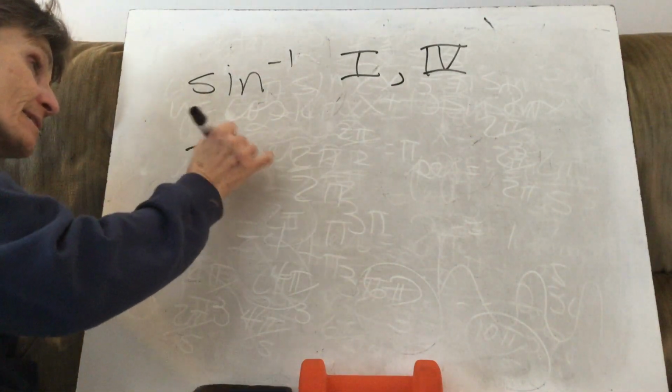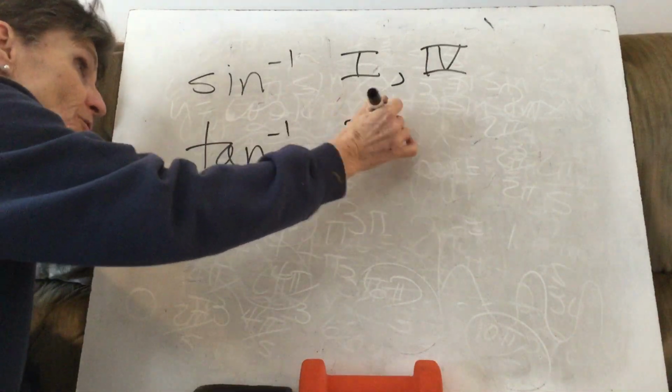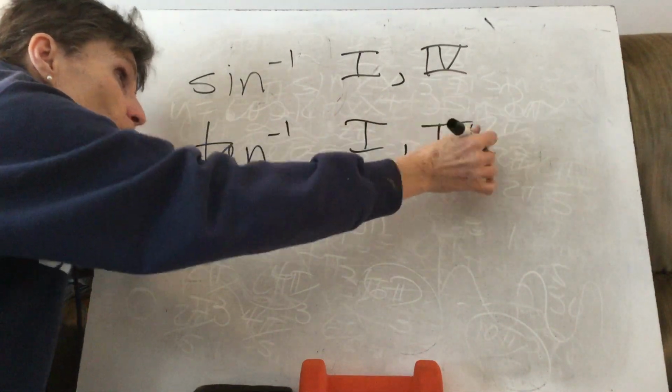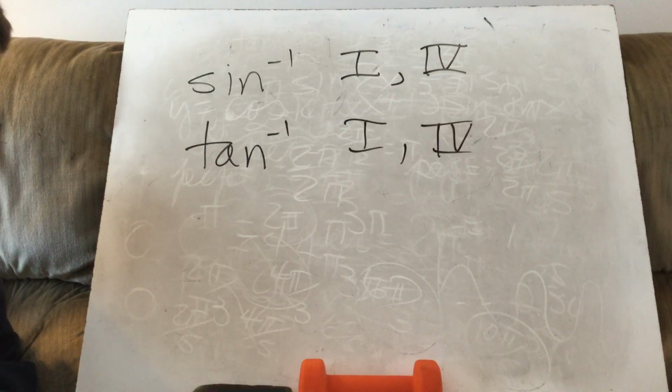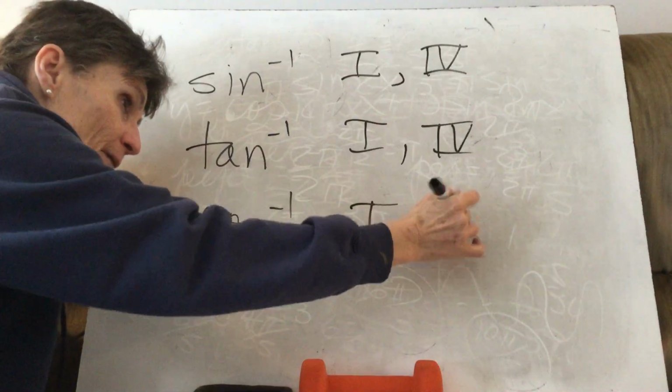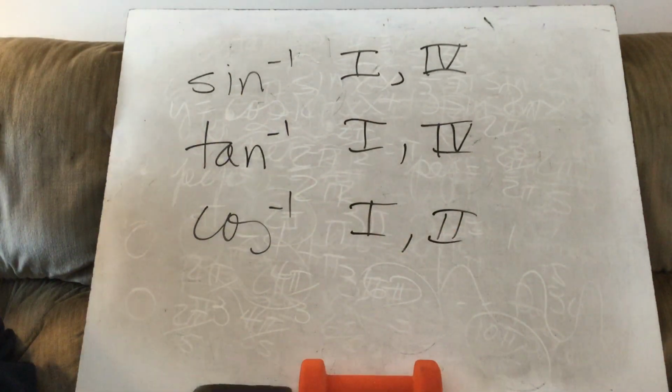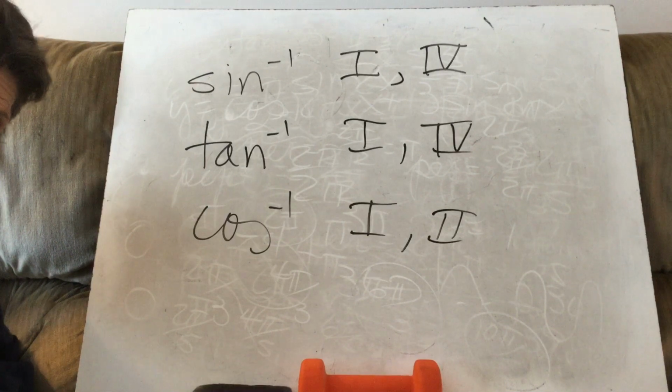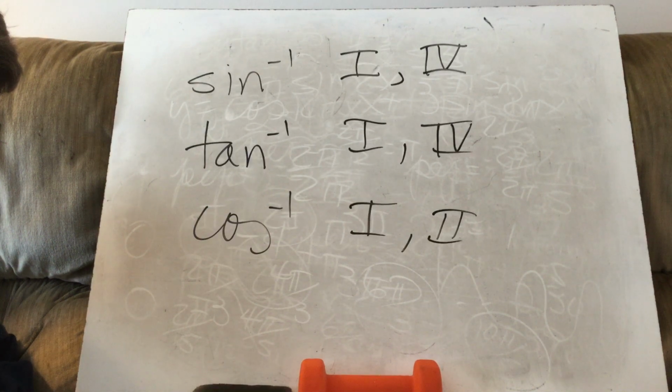When this is in the problem, you also are only allowed to look in quadrants 1 and 4. When this is in the problem, you are only allowed to look in quadrants 1 and 2. Oh my gosh, Mrs. Ford, why are the rules changing? You know what? I didn't get to make them up. This is just the way they are. You're putting it on your pink sheet.